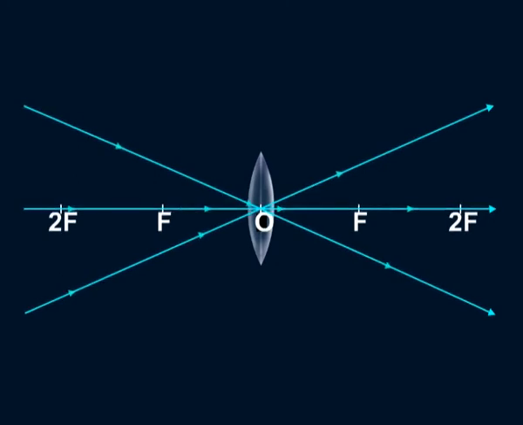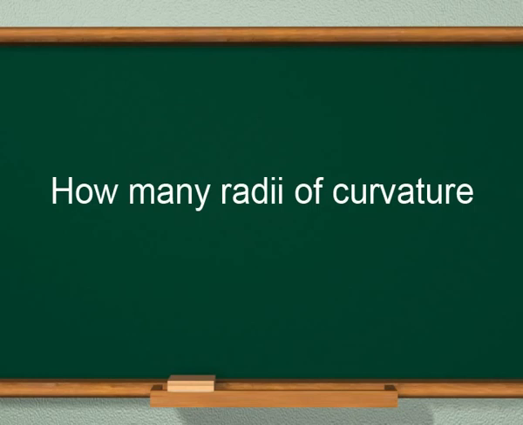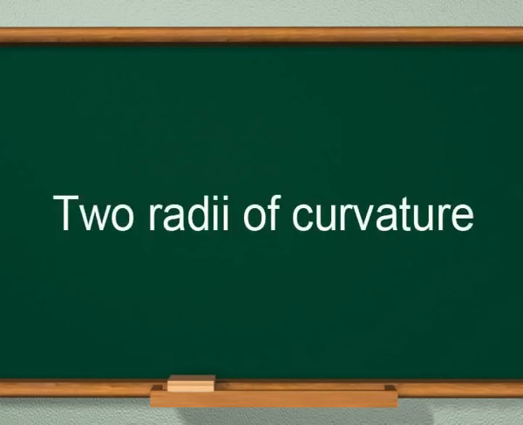It has the property that the rays passing through this point emerge out of the lens undeviated. The next question is, how many radii of curvature does a lens have? Answer, normally a lens has two radii of curvature, one for each spherical surface.